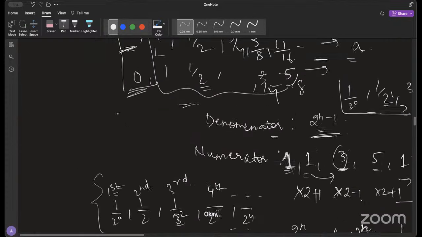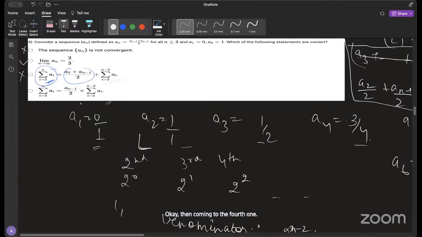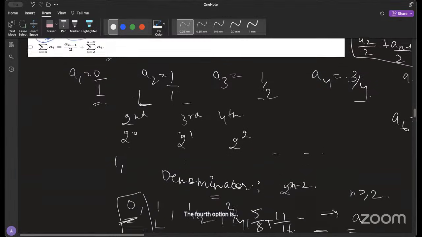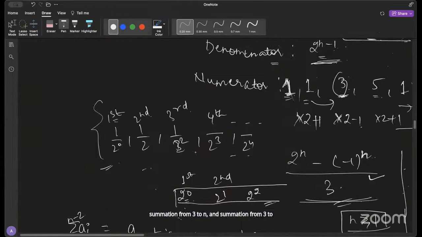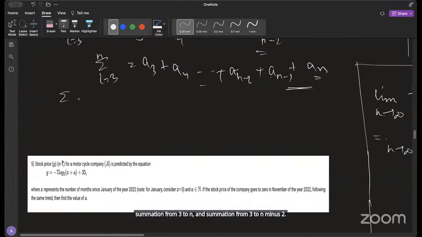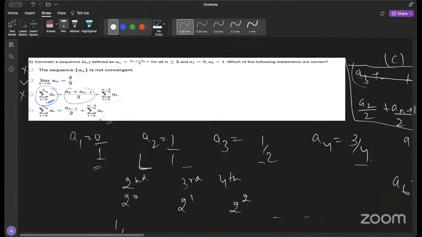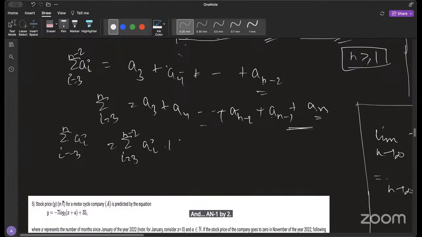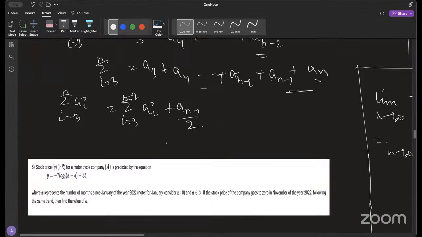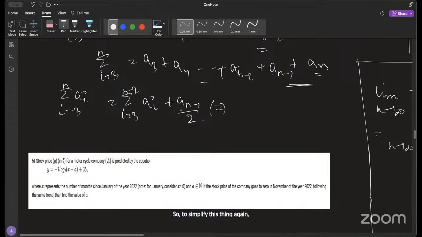Okay, then coming to the fourth one. The fourth option is summation from 3 to n and summation from 3 to n minus 2, and an minus 1 by 2. So you simplify this thing again. This is the same as a3 to an, and on the other side you have a3 to an minus 2, right?